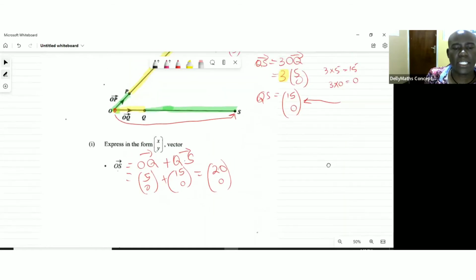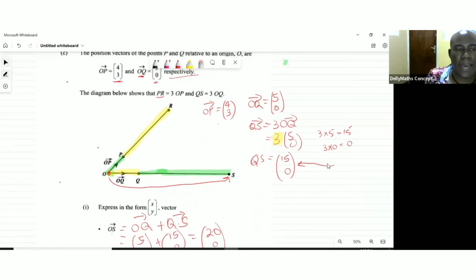Next, they want us to find PQ. Bear in mind that if you ask me to find PQ, we're going to be looking at the triangular law.